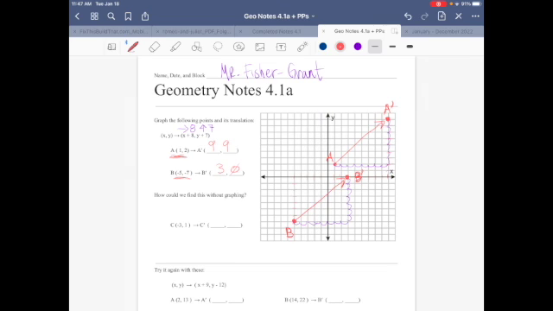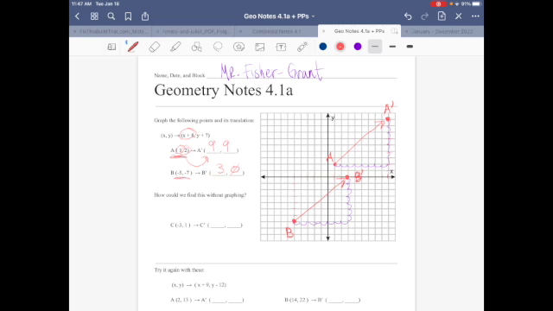So how could we find this without graphing? If we just apply the directions here to the coordinates, right? A is at 1, 2. If I go 1 plus 8, that gives us 9.